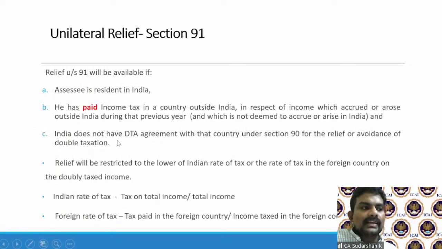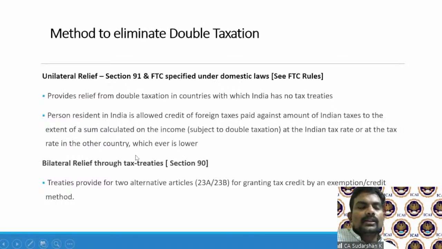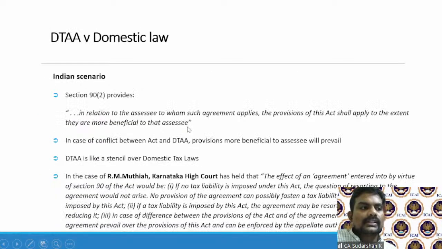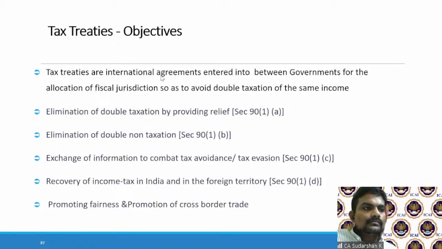Now, thanks to MLI, you can stop these treaty abuses or treaty shopping. So elimination of double non-taxation has been achieved by MLI, and India is a signatory to the MLI, the multilateral instrument, too. You can read more about BEPS in the BEPS chapter.